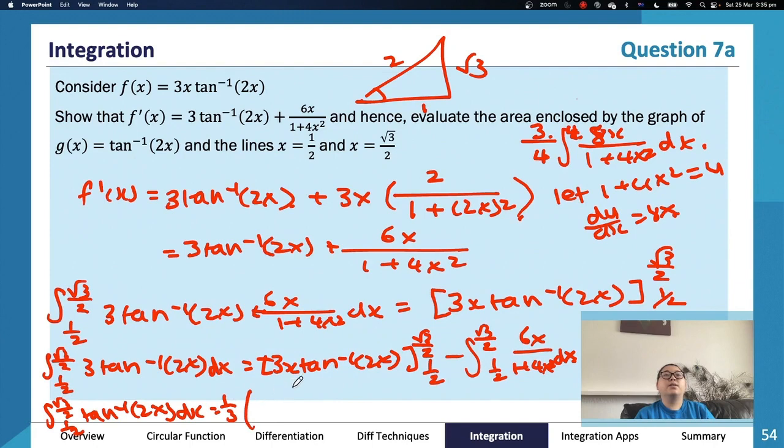So we'll have root 3 on 2 times pi on 3, right? Then we're going to have minus a half going into that, so that's 3 over 2, and a half going into that, that's tan inverse 1, which is pi on 4.